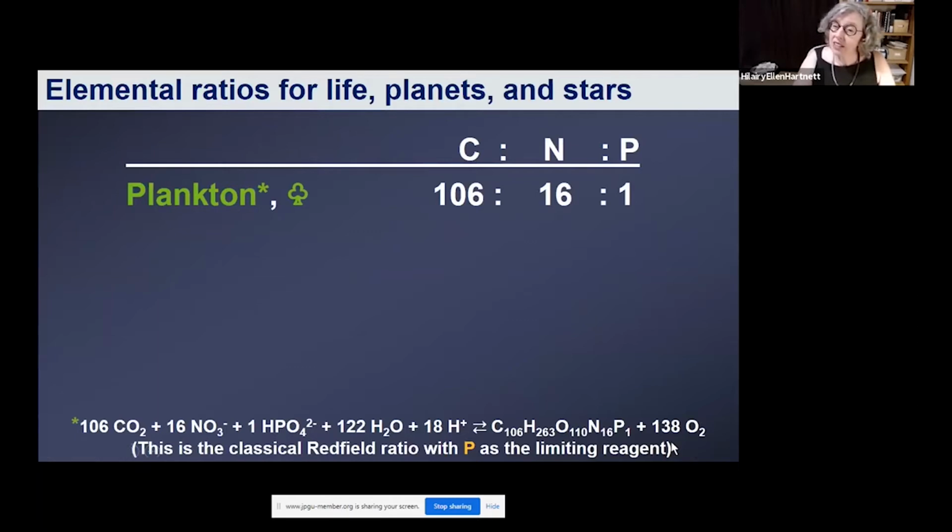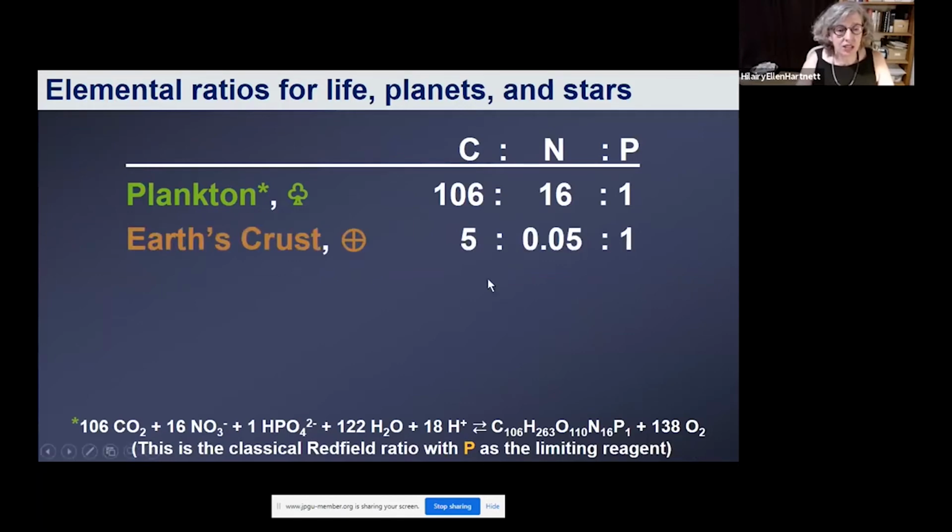We can do the same calculation for various bodies in the solar system. Earth's crust is relatively nitrogen poor, and so its carbon, nitrogen, phosphorus ratio is 5 to 0.05 to 1. So these are normalized to phosphorus. And that makes sense. Nitrogen is distributed in the solar system mainly in the gas giants, and it's fractionated during differentiation of the planet.